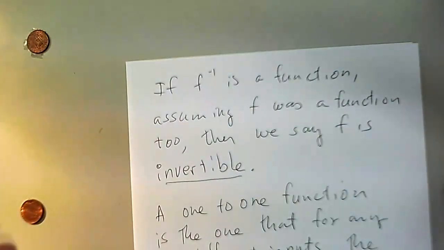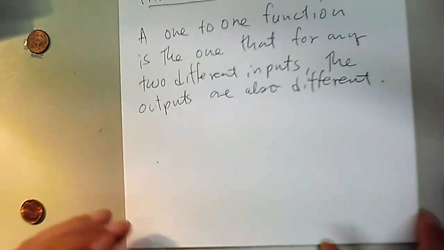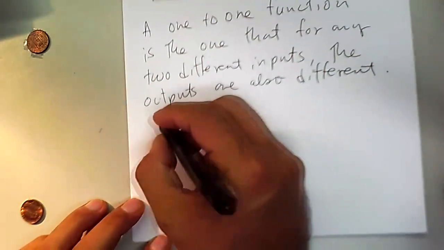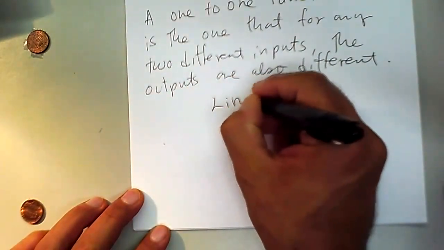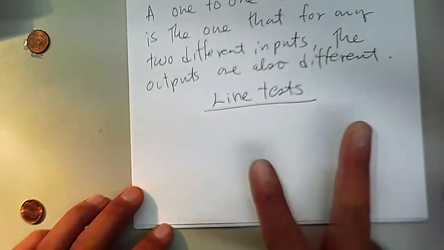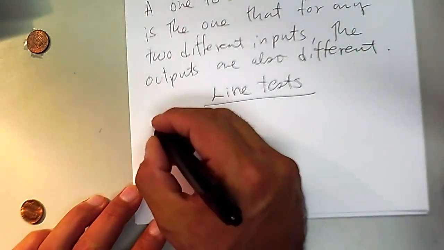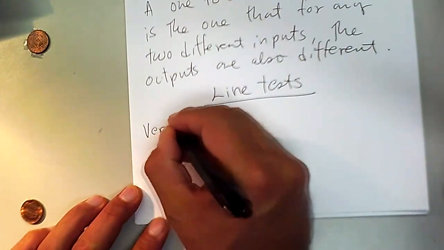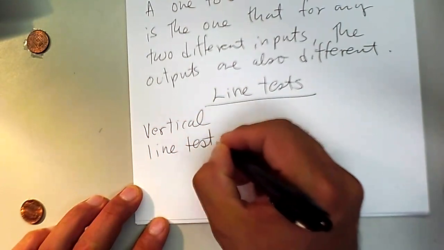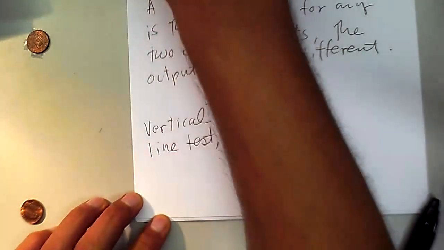So that leads to what is called the vertical line test. No. The horizontal line test. Okay, so line tests. Now we have two line tests. We had one earlier, and now we have two. The vertical line test tests, there's no comma in there.